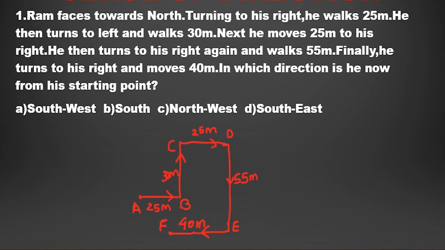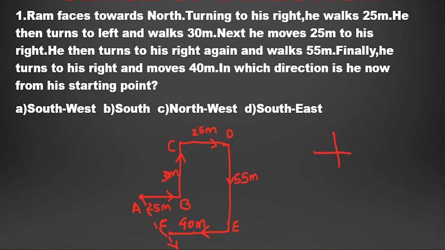In which direction is he now from his starting point? Ram's starting point is A and its final position is F. We have to find out his direction from his starting point.